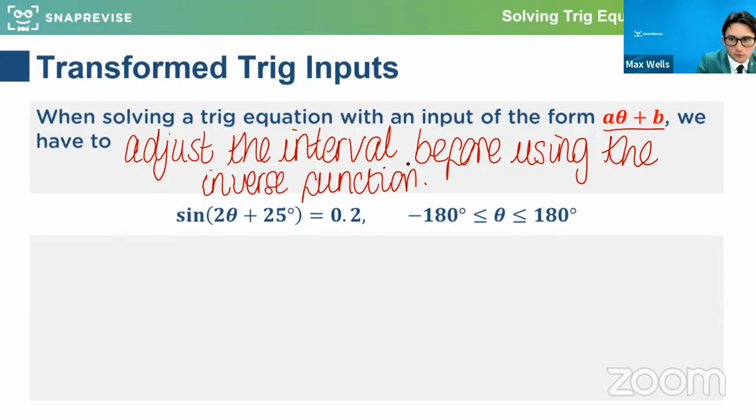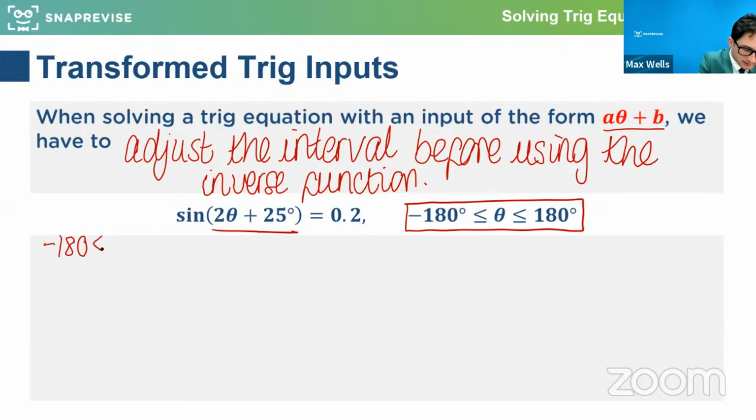Okay, so if I'm looking for between minus 180 and 180 for theta, no worries, brilliant question. What I'm going to do is say, right, I'm looking for 2 theta plus 25. What we would need to do here is, if theta is between minus 180 and 180, 2 theta would be between minus 360 and 360.